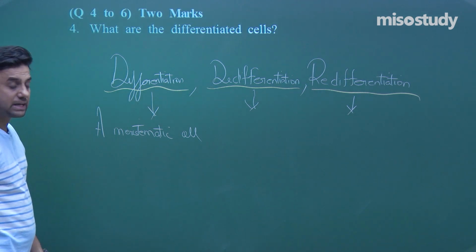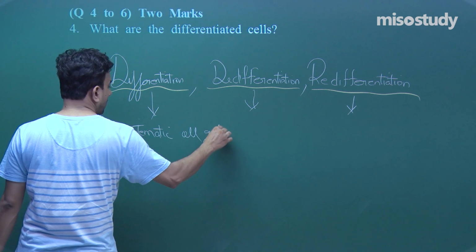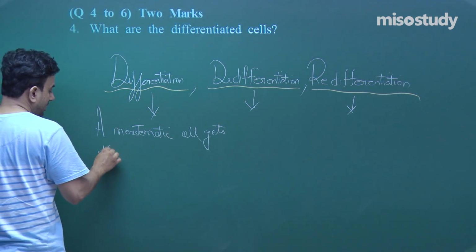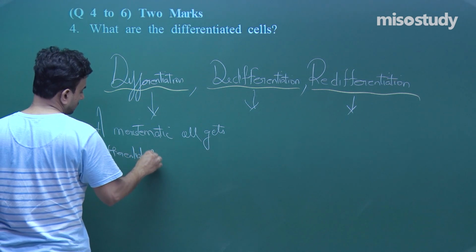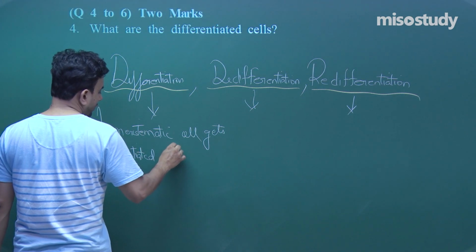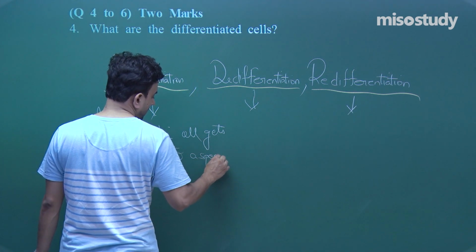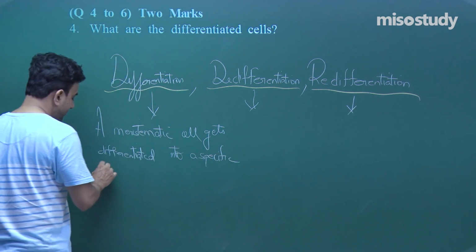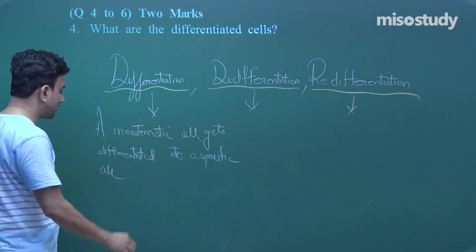So, a meristematic cell gets differentiated into a specific cell for performing a specific function, right?